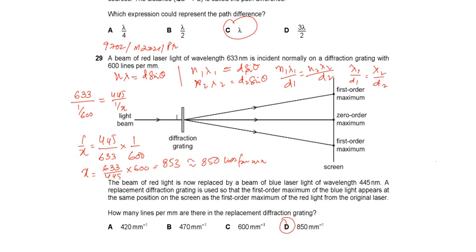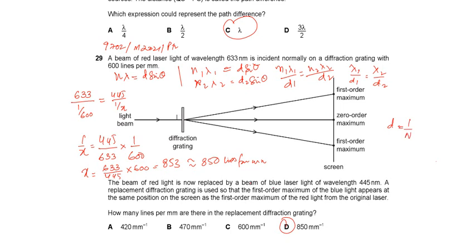Now, lambda 1 over d1 means 633 over d1. We don't know d1, but we do know the number of lines per millimeter. As we say, d is the reciprocal of n, where n is the number of lines per millimeter.